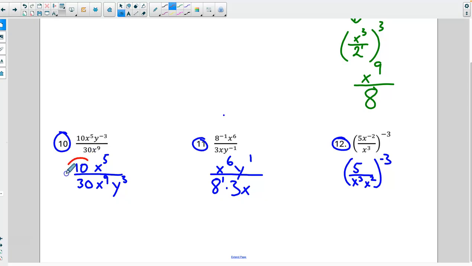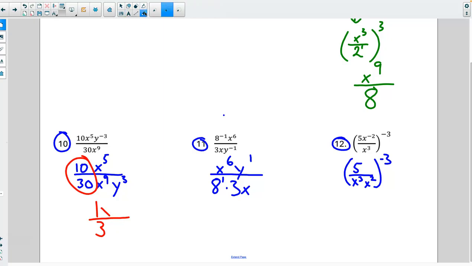So if I'm looking at 10, I got rid of my negatives, first thing I did. Then I'm going to have this, which goes to 1/3. So I'm going to put 3 down here. If you put 1 up here, I'm not going to penalize you for that. I would not in my final answer. But you could. And I actually lied. This time you need it because how many x's are up here? None.